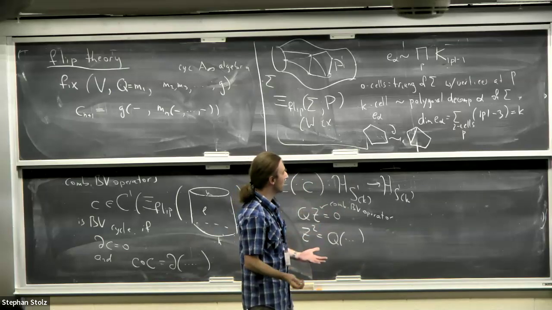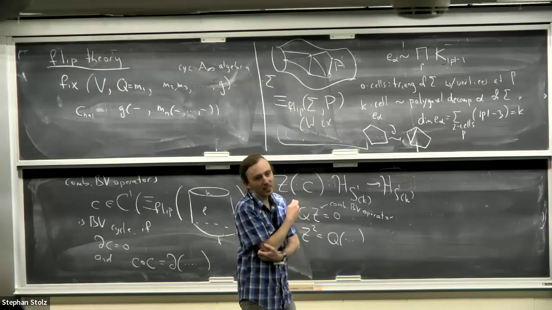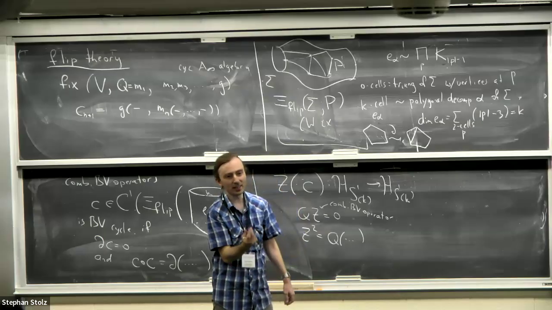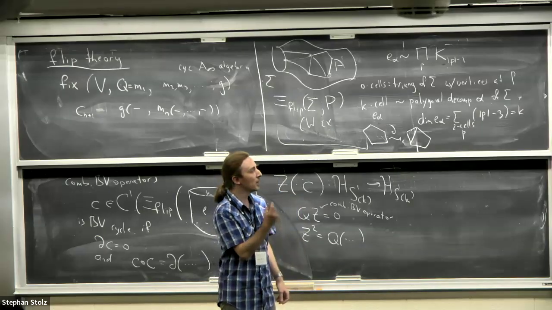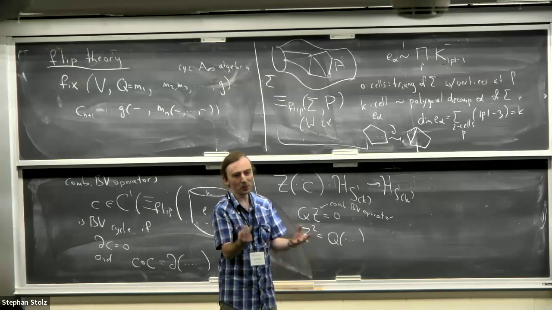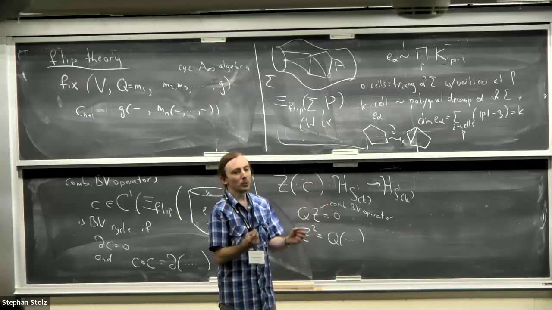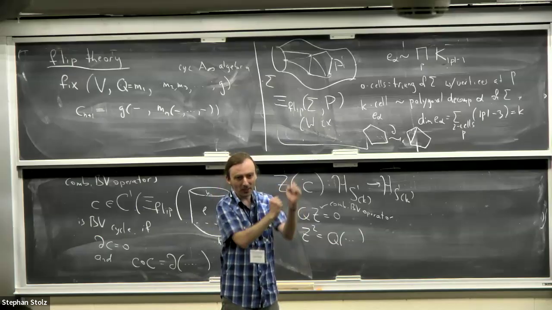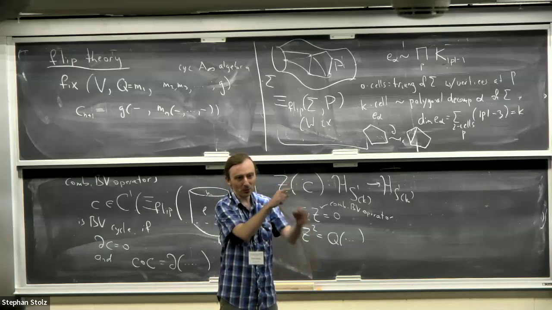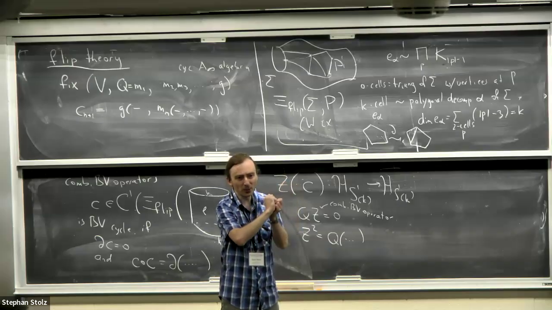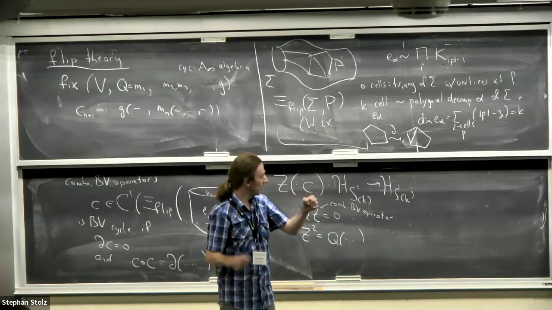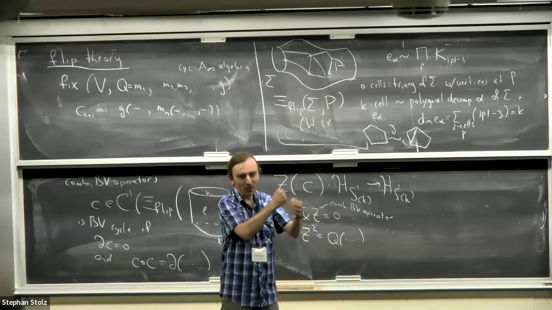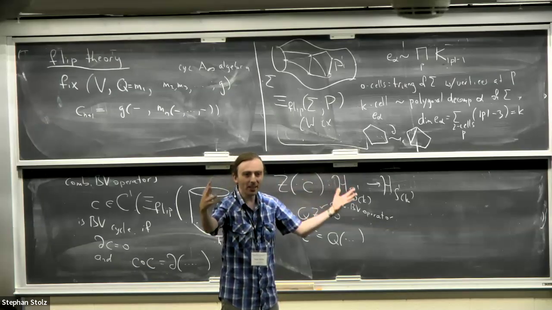But what is not a metaphor, what is a construction in physics, is the stress energy tensor. A stress energy tensor is the reaction of the theory, either classical or quantum theory, it exists in both worlds, to a local variation of the metric. It's essentially a variational derivative. So you cut out a tiny disk out of your space-time manifold and you change the metric there and you look at how the answer changes.